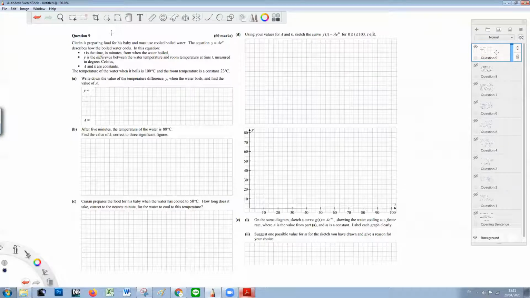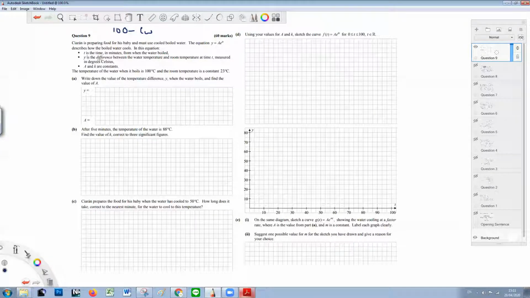So we know that he's preparing food for his baby and must use cooled boiled water, so the water is going from 100 down to cooled water. So the equation y is equal to Ae^(kt) describes how the boiled water is cooling, from one temperature to the next.